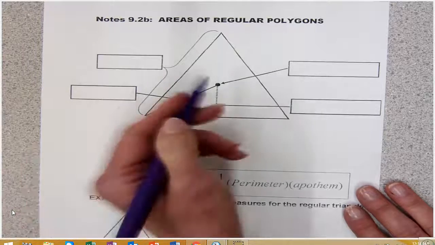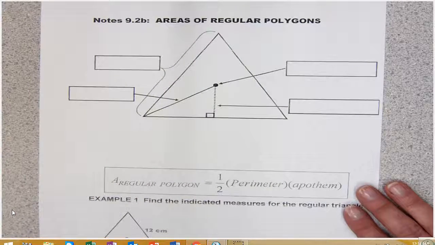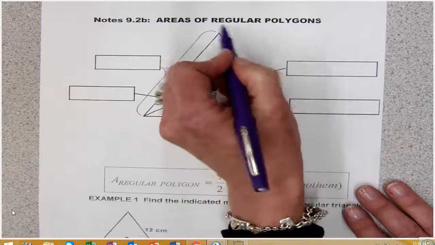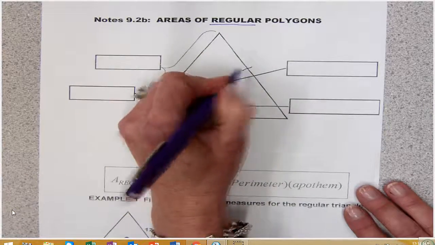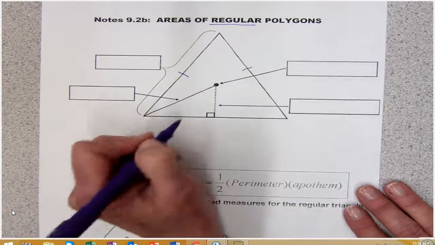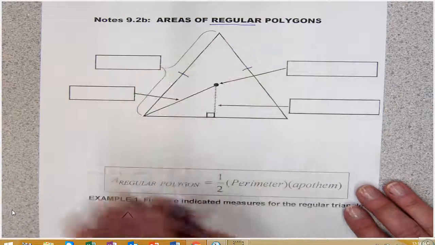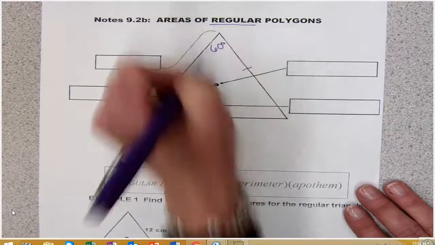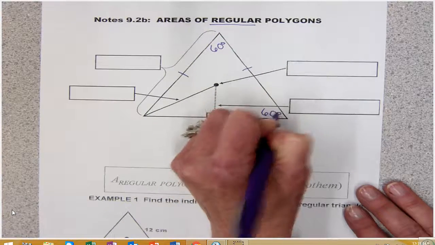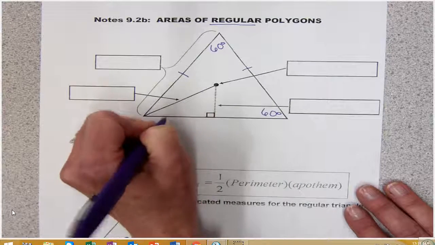So here we've got a very familiar polygon. This is a regular polygon. This is a triangle. If it's regular, that means all sides are going to be equal. So if I know all sides are equal in this triangle, you guys already know this is going to be 60 degrees, this is going to be 60 degrees, this is going to be 60 degrees.